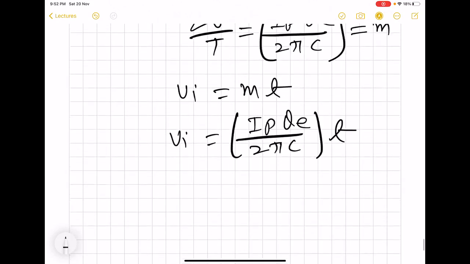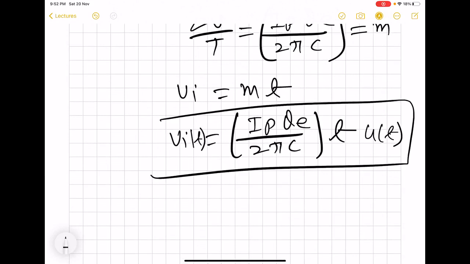So for that purpose, we can multiply this by the unit step function u also. So this is the expression for the input voltage to the VCO. And this is how the frequency of the output of the VCO, or the VD, is going to be decided.